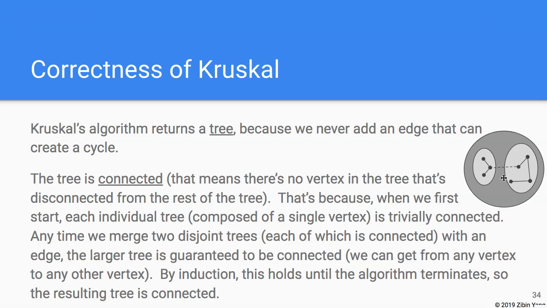That should be obvious, right? Because if you look at the graph here, these two are disjoint trees, and when we use an edge to connect any of the vertices between them, then now we can go from any vertex from this tree to any vertex in that tree through this edge.